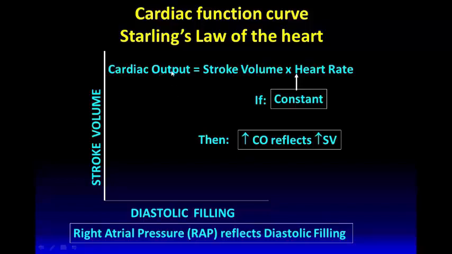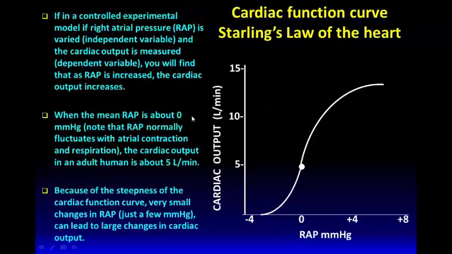Cardiac output, as you all know, is equivalent to the stroke volume multiplied by the heart rate. And if the heart rate is constant, then an increase in the cardiac output should reflect an increase in the stroke volume. This is a modified Starling's curve of the heart.